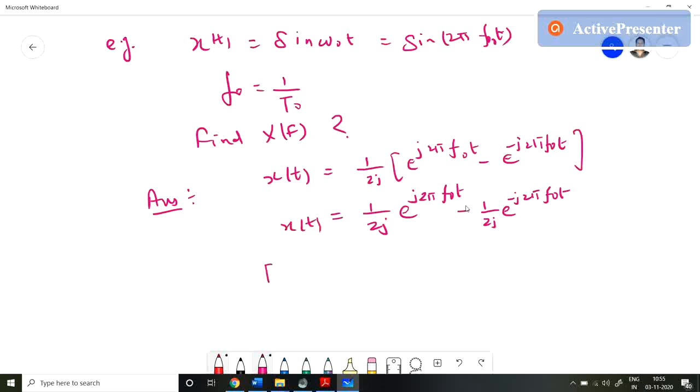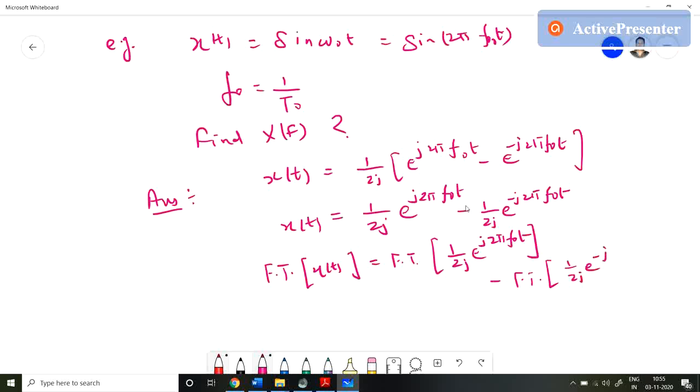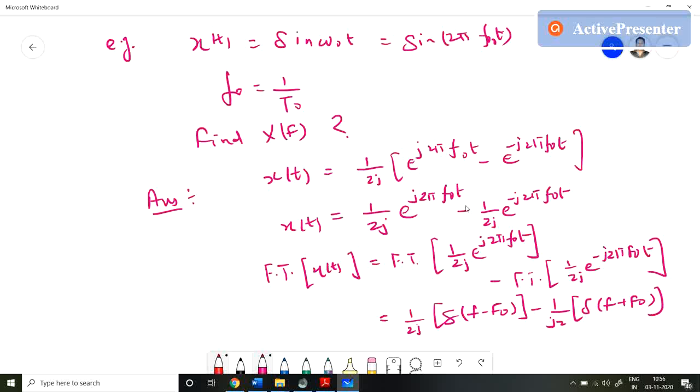Now we can write it as 1 divided by 2j e raised to the power j 2 pi f naught t minus 1 divided by 2j e raised to the power minus j 2 pi f naught t. This is x(t). So the Fourier transform of x(t) is the Fourier transform of 1 divided by 2j e raised to the power j 2 pi f naught t minus the Fourier transform of 1 divided by 2j e raised to the power minus j 2 pi f naught t. That is nothing but delta(f minus f naught) minus 1 divided by 2j delta(f plus f naught).